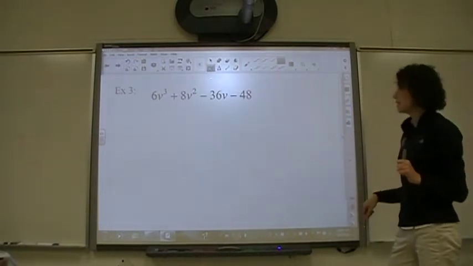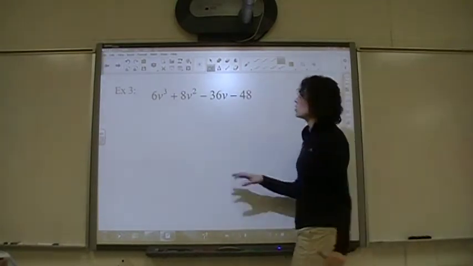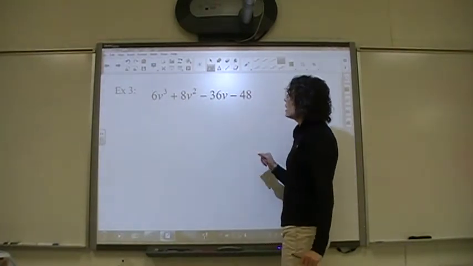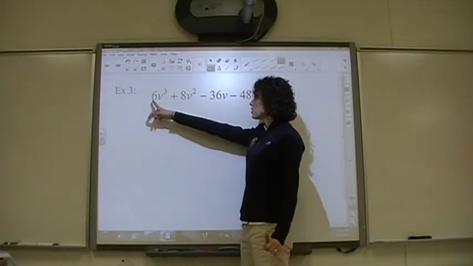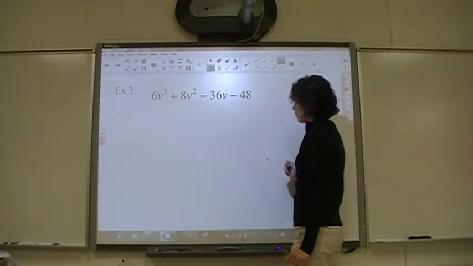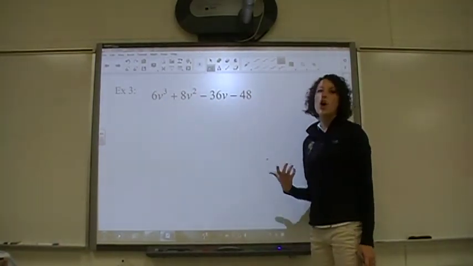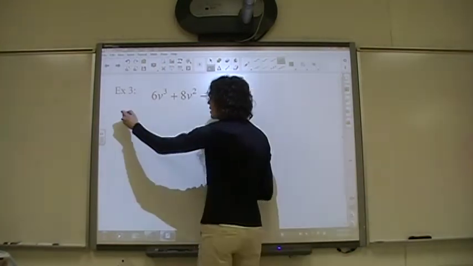Let's try another one like this. We've got 6v cubed plus 8v squared minus 36v minus 48. So first look at all the numbers. We've got 6, 8, 36, and 48. Looking at all of those, they are all even. So you can take a 2 out of all of them.